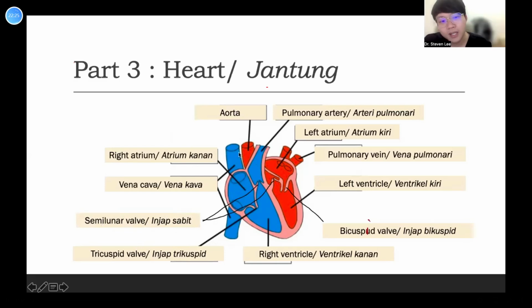You can be more specific. The one in the aorta is called the aortic valve. The one in the pulmonary artery is called the pulmonary valve.